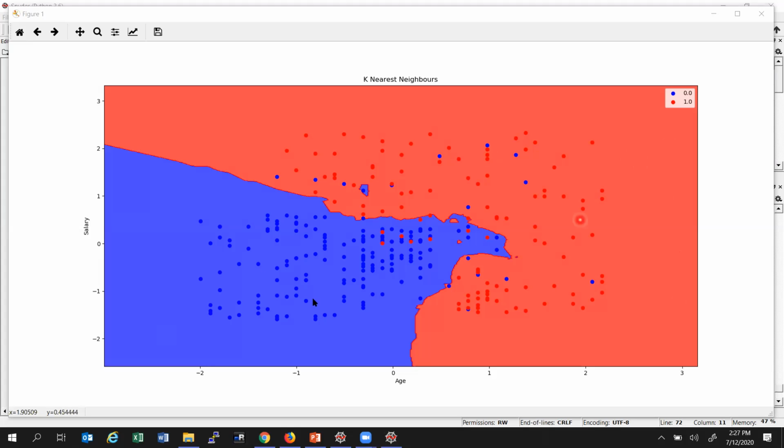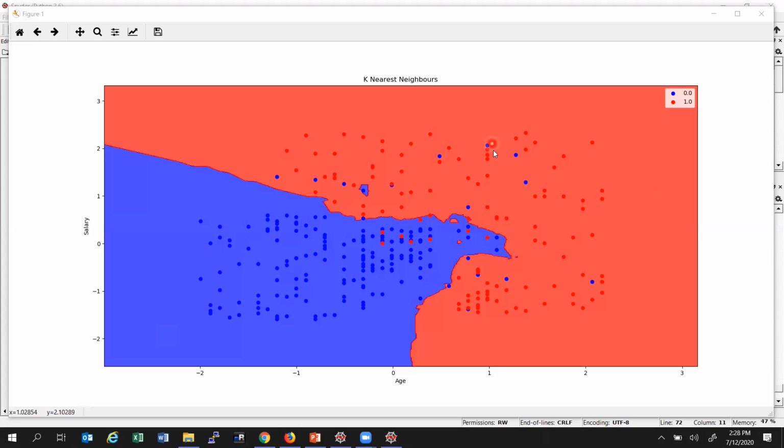Now coming to the dots: a blue dot means that person is not going to buy the SUV.